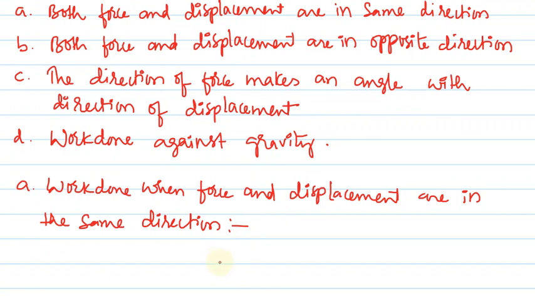Consider a body at point A. Let us take a body here. This body is at point A, right? It reaches the point B. Let us consider another point here. This body is reaching point B.